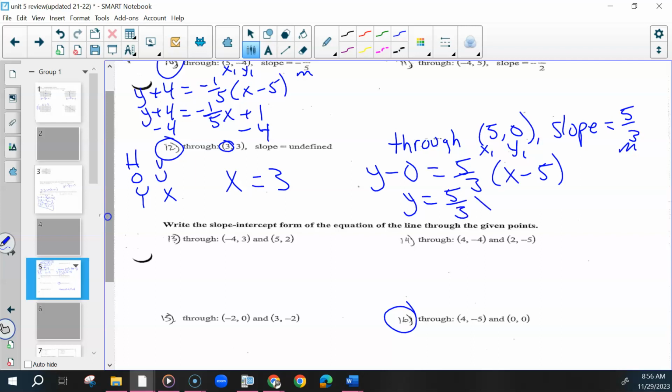So 5/3 x minus 25/3. So we have a fraction for the y-intercept. Leave it as a fraction. Do we have any questions on that one?